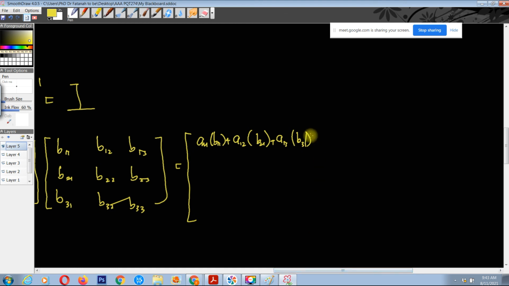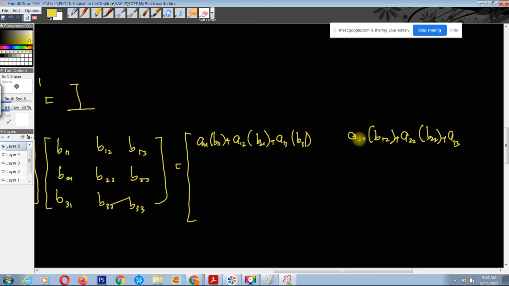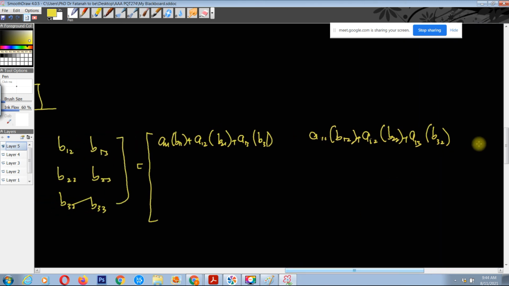And then another part, still the first row, A11, A12, A13, multiplied with B12, B22, B32. That is another one.